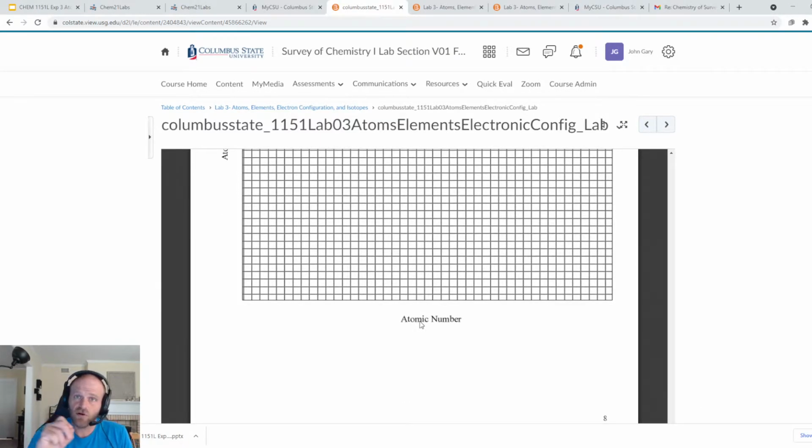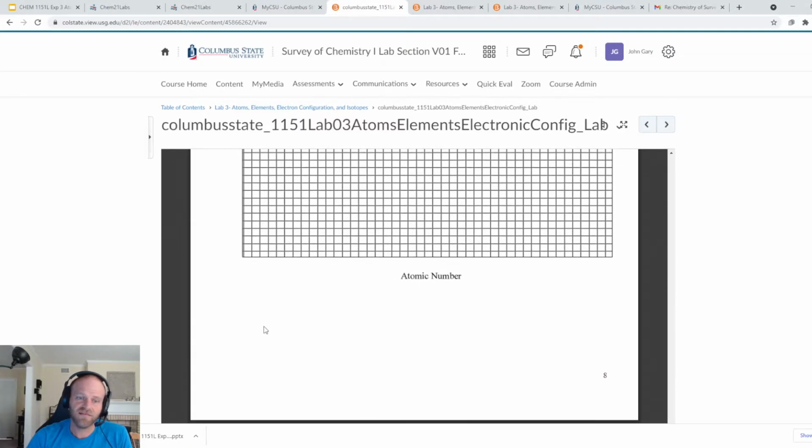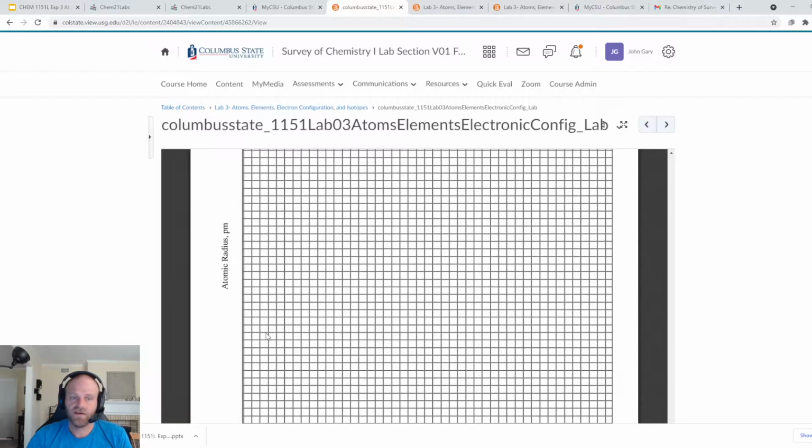So you'll just start at the bottom with atomic number, say 1 on this first line, hydrogen, 2, helium, and label those across the bottom best you can. You might be able to skip a line if you want to. And then on the left side, it'll go up in number as well.